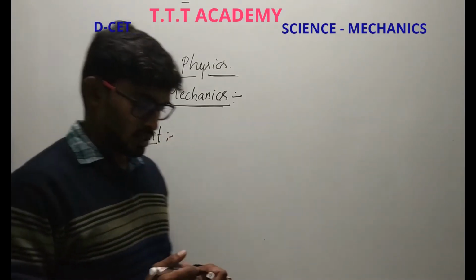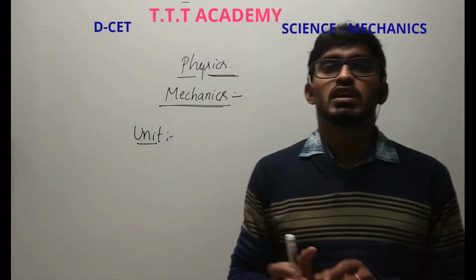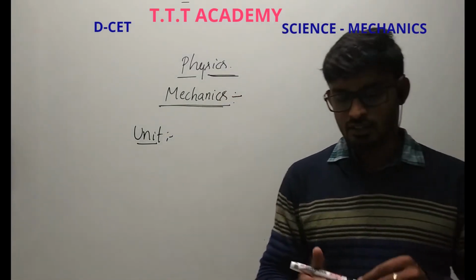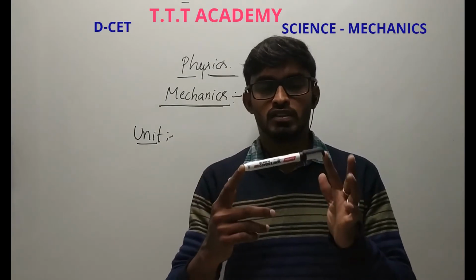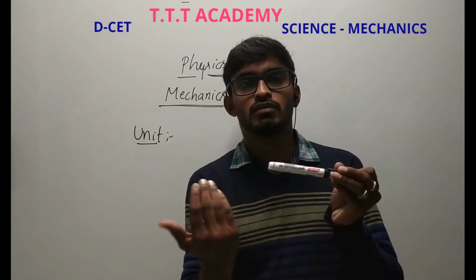A unit is the measurement of some standard physical quantity. This is one object, and this is one physical quantity, like the length of this material.